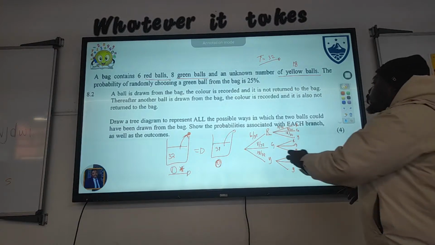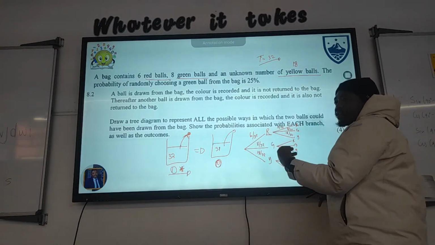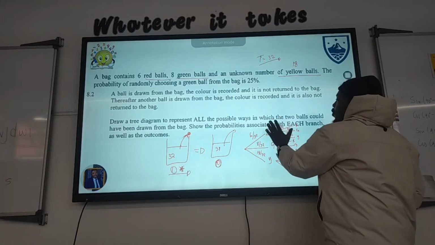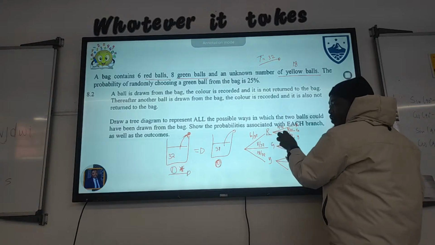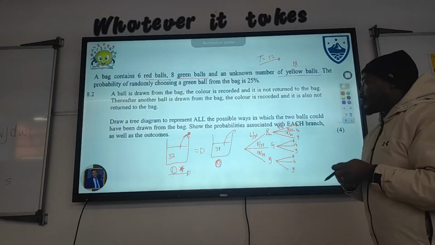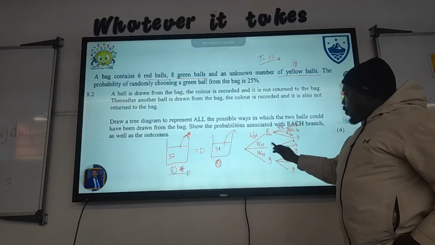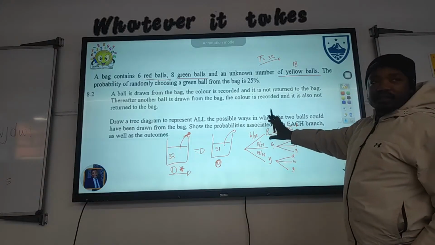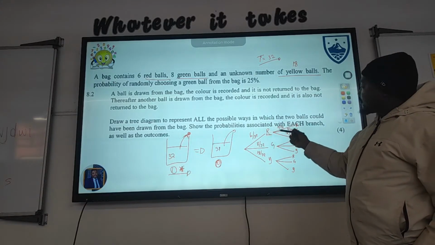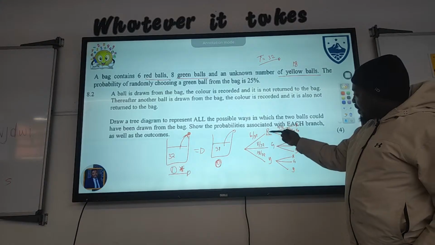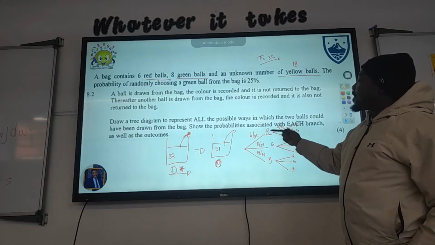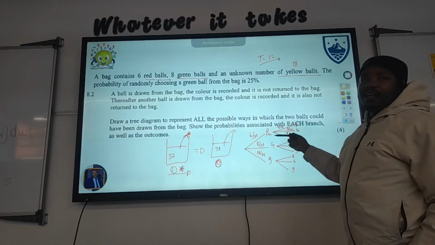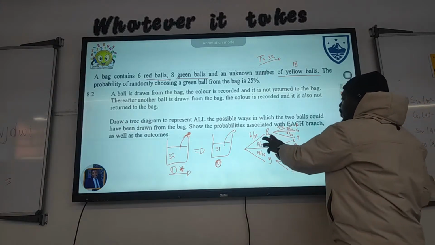And then when you go to the next branch, you forget what you just talked about here. You deal with the green ball independently. If I took out the green ball, you focus on this branch only. Don't confuse this branch and this branch. You don't say, I took out the red ball, now I'm taking out another green ball. No, treat this one independently.